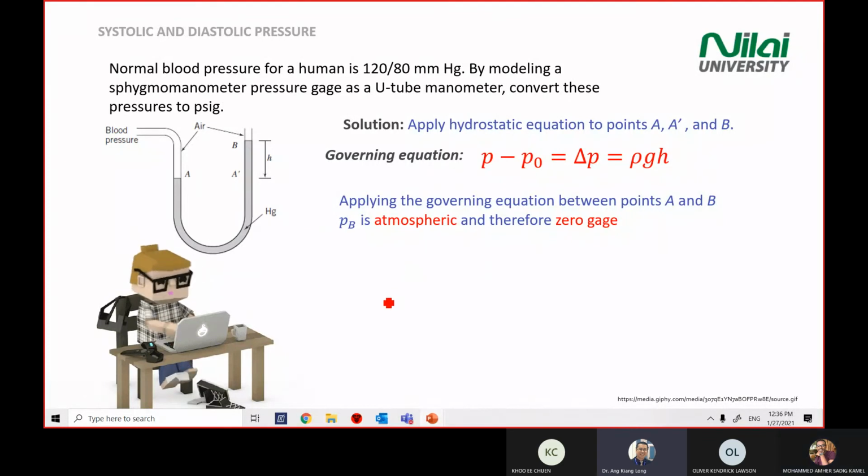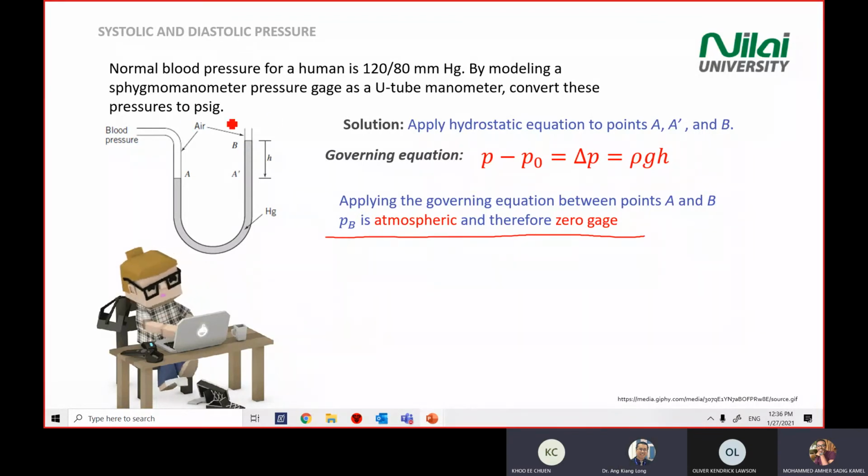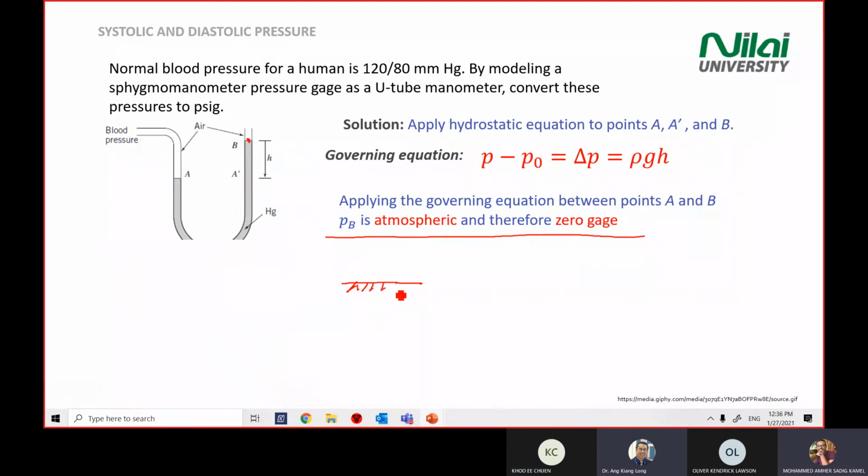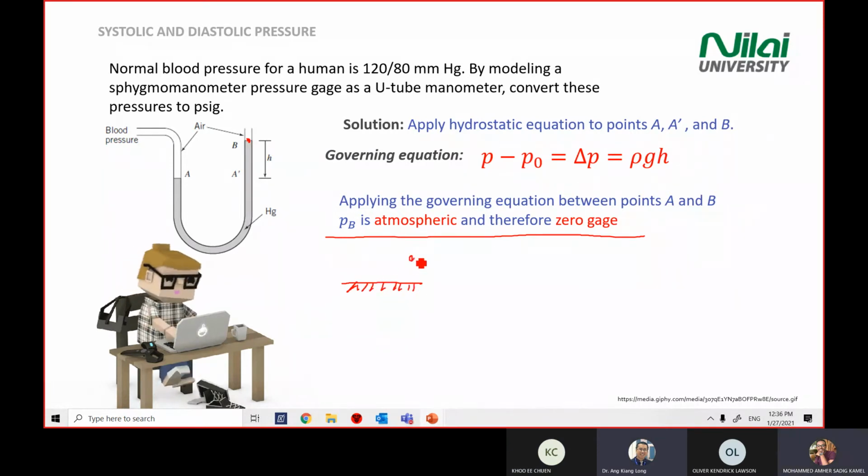You can read from the start, right? Yes, sir. What is the reading on B here from the slide? ATM, and therefore 0 gauge. Okay. Just now I mentioned, if the fluid surface is exposed to atmospheric, what is the reading here?